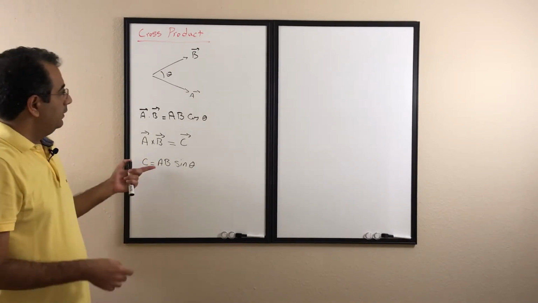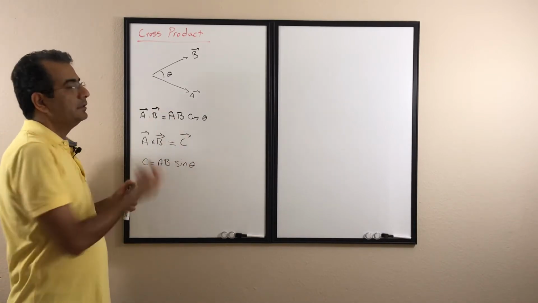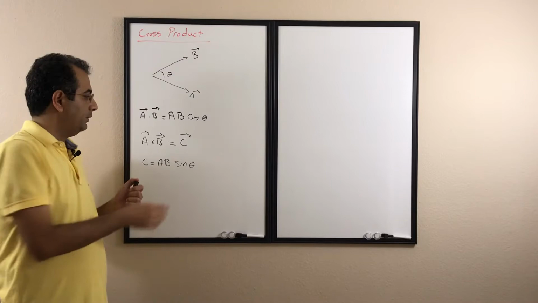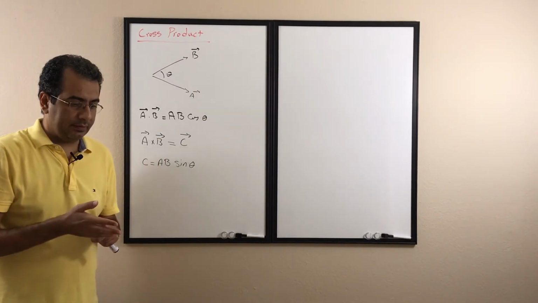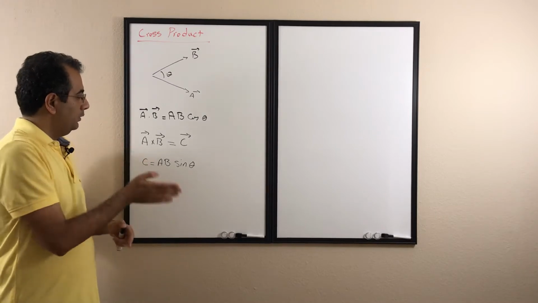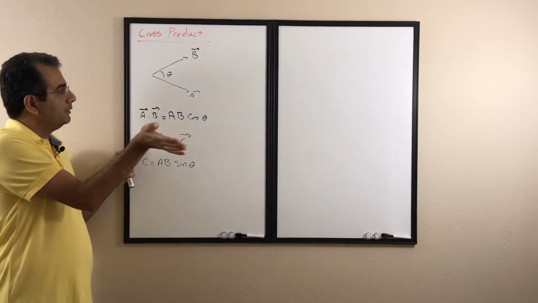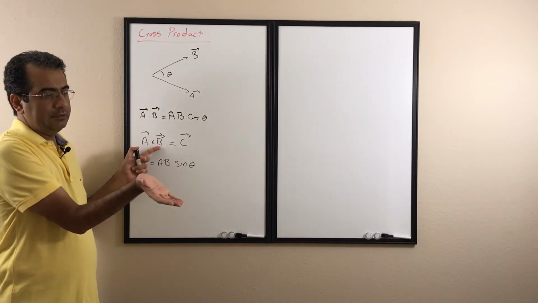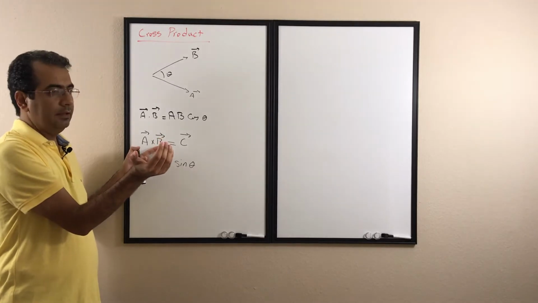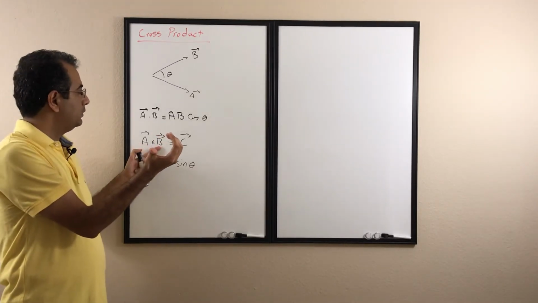Because it's a vector, it has a direction, and again, we can find the direction from the right hand rule. You put your forefinger along the first vector, and then rotate it, curl it toward the second vector, and your thumb is going to show the direction of that rotation.